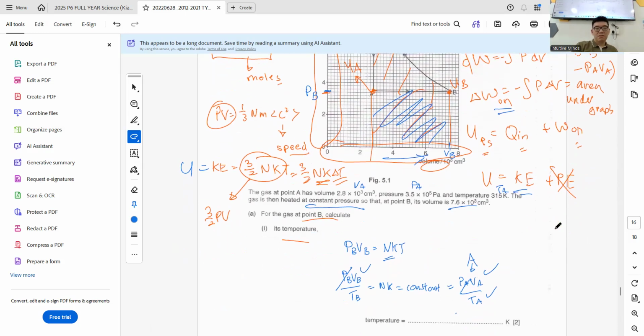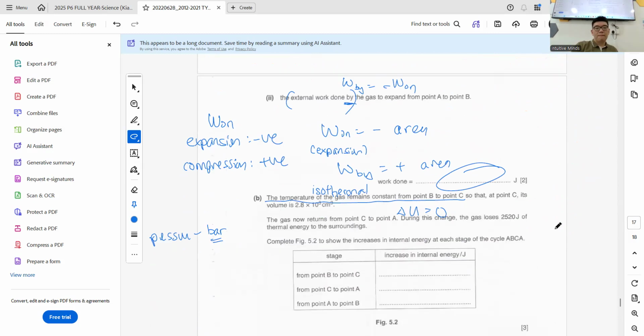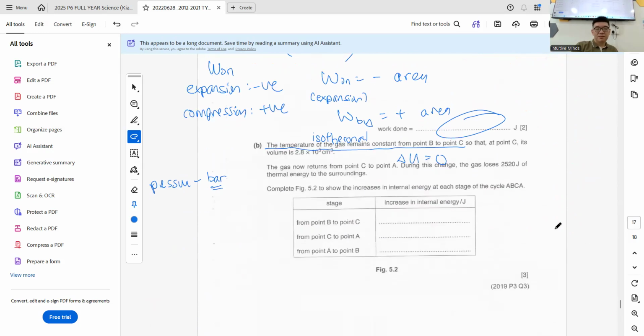It is proportional to the temperature. So if temperature doesn't change, then U doesn't change. So can you tell me what's the answer for this?